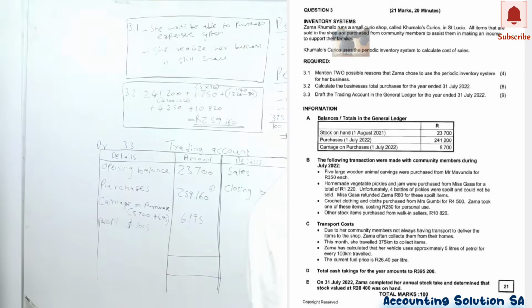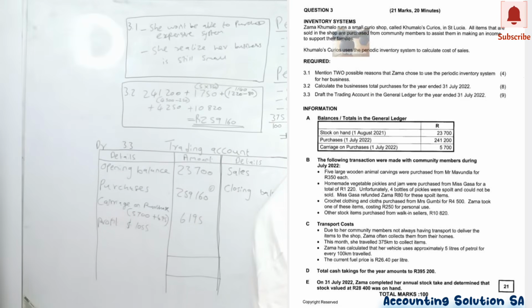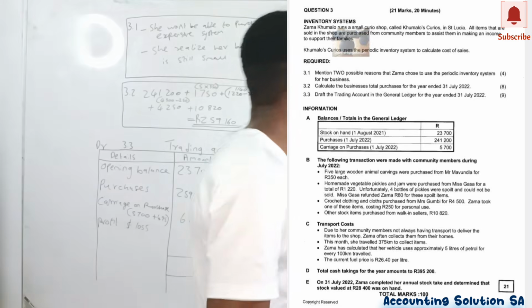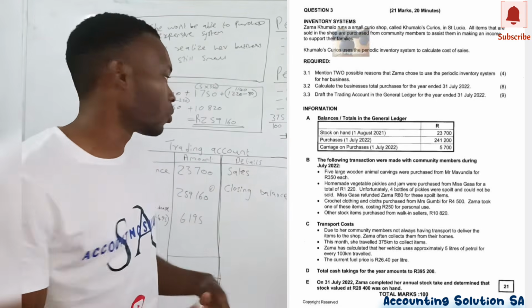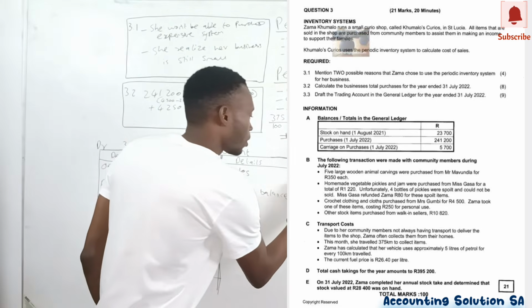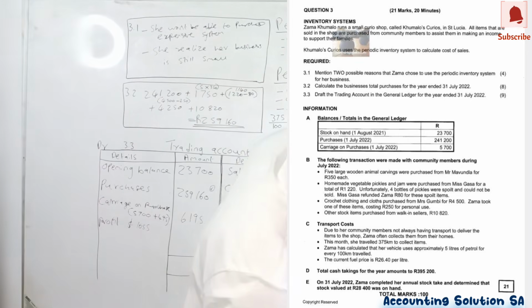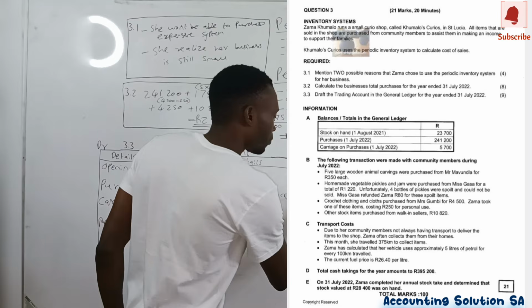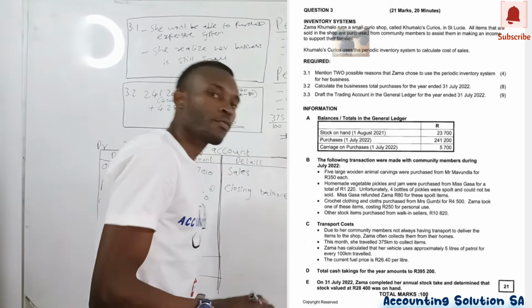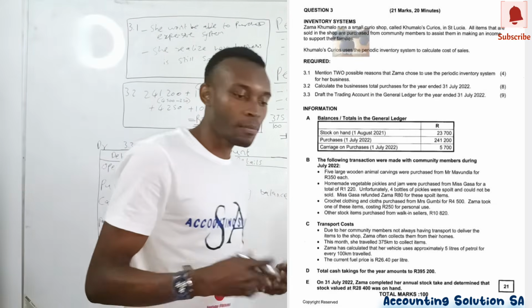Okay, then now let's proceed with the information. Number D, they said total cash taken for the year amounts to 395,200. That's a sales amount of 395,200. This is the amount that we receive from our customers.